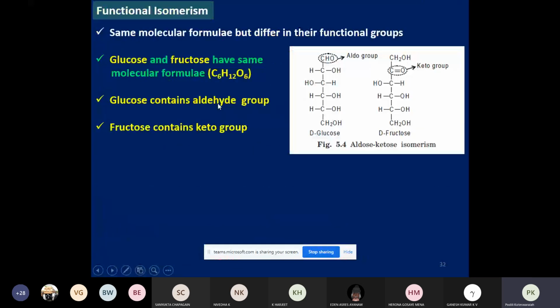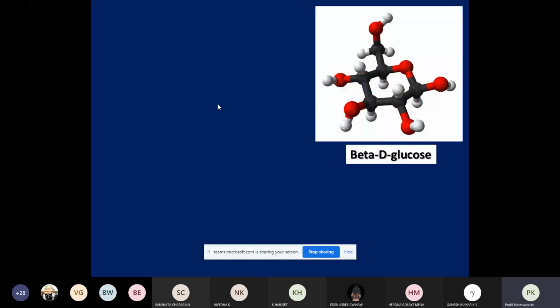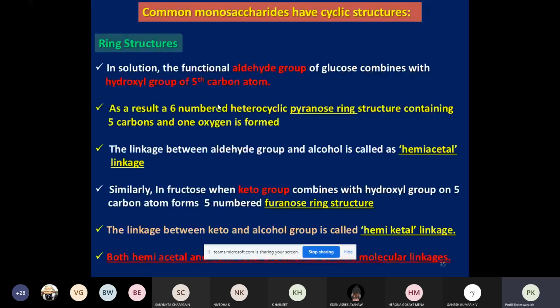Then coming to the cyclization of sugars. Most of the sugars, mainly those containing five or more carbons, exist in aqueous solution in their cyclic forms. And in the cyclic formation, the sugars can form either the pyranose structure or the furanose structure.